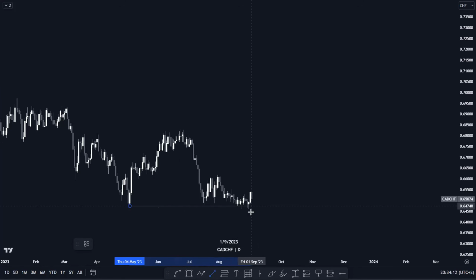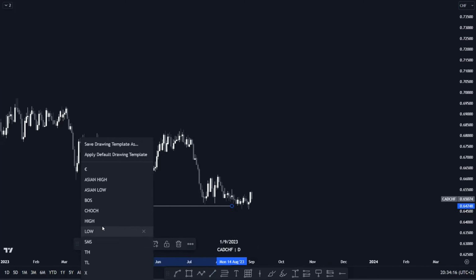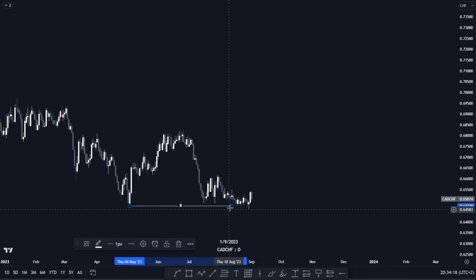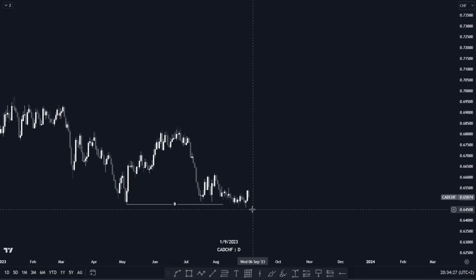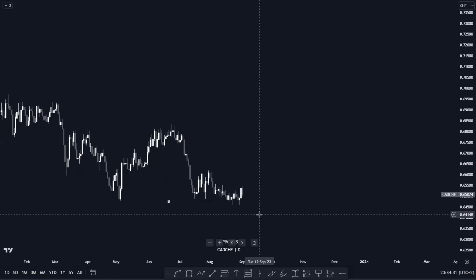We have this break of structure here, whereby price just spiked just below our previous lower low. Normally when we have something like this, it is not a valid break of structure, because there is no full body candle close below our previous lower low.